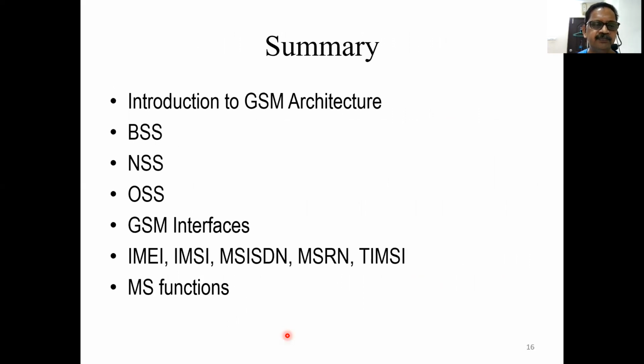Then we have seen the GSM interfaces like the air interface, Um, the Abis interface between the base station and base station controller, and the A interface between BSC and MSC. Then we have seen certain mobile GSM numbers, IMEI, IMSI, MSISDN, MSRN, TMSI, and we have also seen the basic functions of the mobile station.